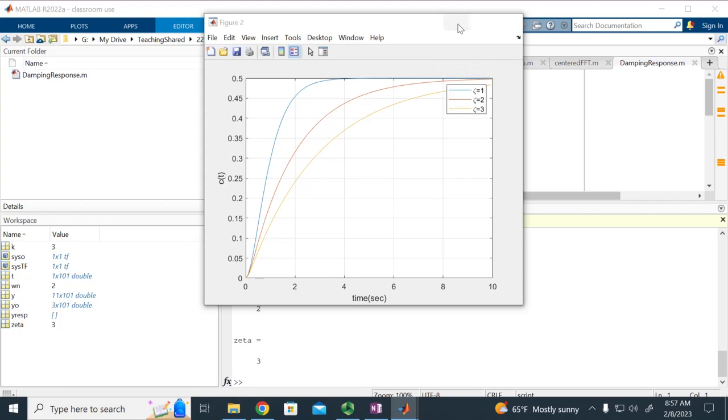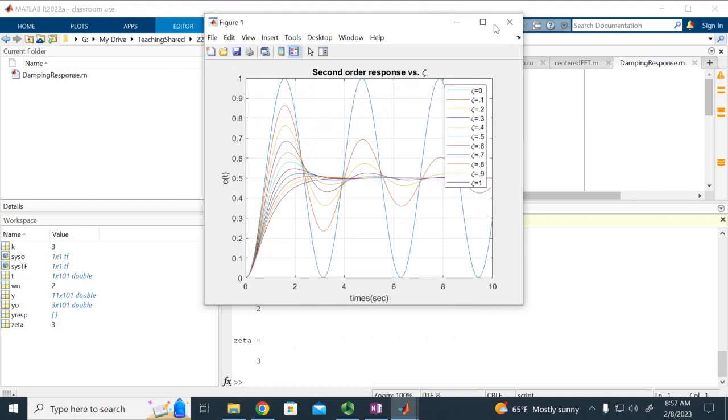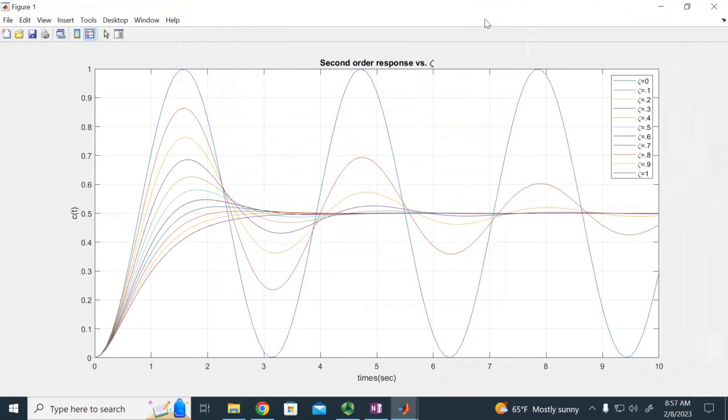And then if I look at the response as we vary zeta, can you see the different colors? You can. Zeta equal to 1 is, let me highlight it here. Actually, let me do this.